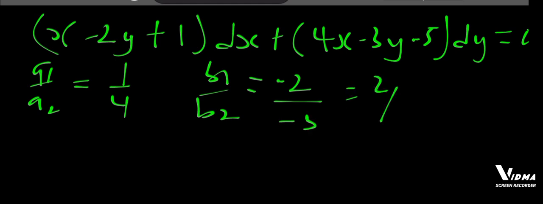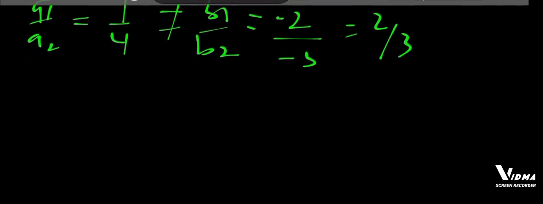So you have 2 on 3. So they are not equal. Okay, since they are not equal, we are going to solve these two linear coefficients simultaneously. And that is outside the scope of this course. So we are just going to find the solution.